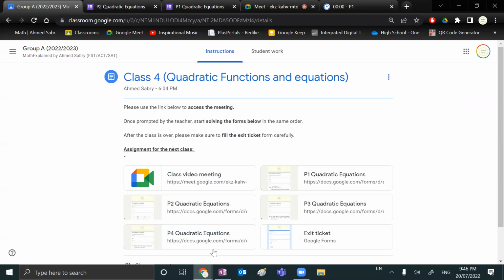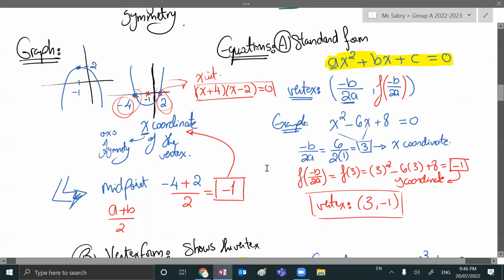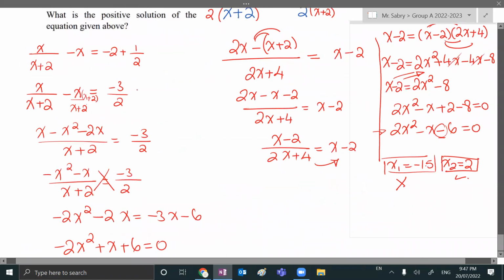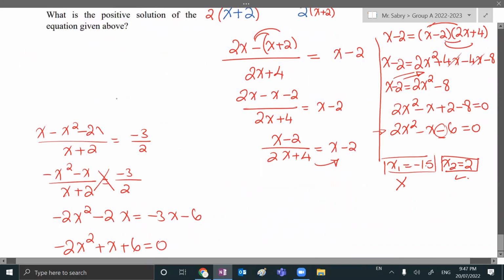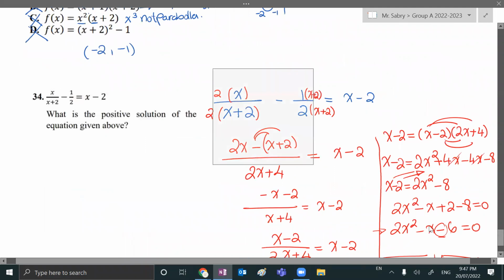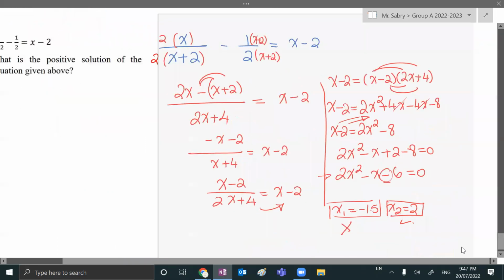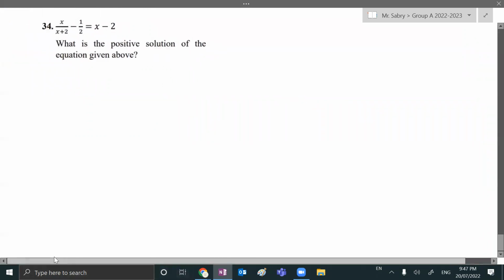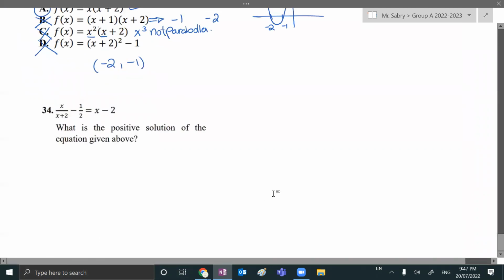Question 5. Last one. Okay. What you need to do is the following.